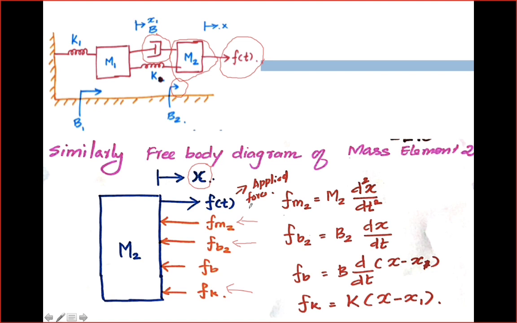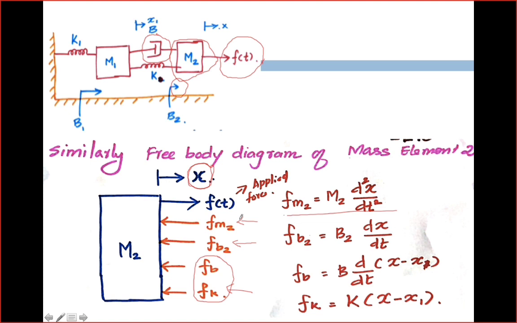Now we need to know the differential equations of these opposing forces. For example, Fm2, and here I want to tell you that displacement is x1, displacement is x, and when we are considering fb and fk, we have to find the displacement with respect to x1 and x.